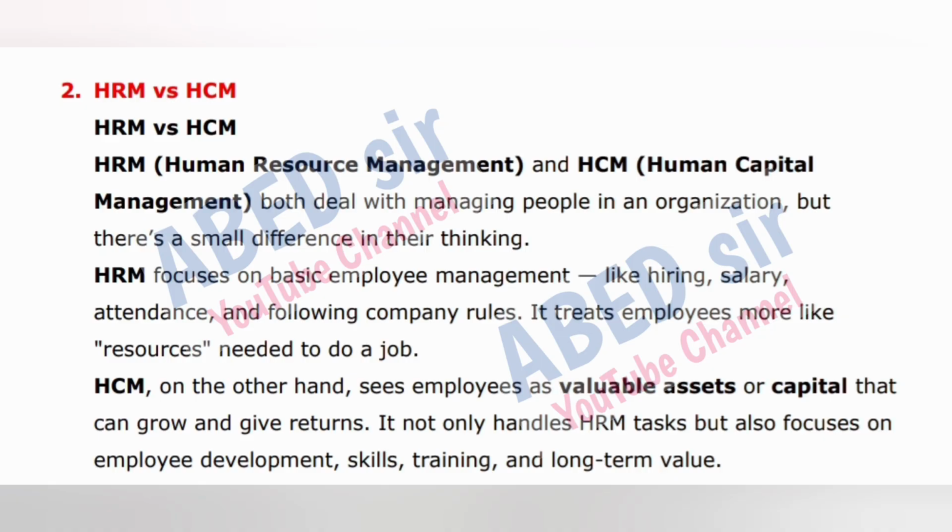It treats employees more like resources needed to do a job. HCM, on the other hand, sees employees as valuable assets or capital that can grow and give returns. It not only handles HRM tasks, but also focuses on employee development, skills, training, and long-term value.